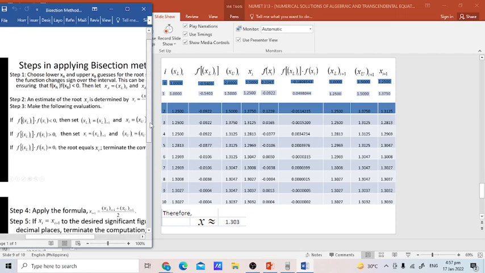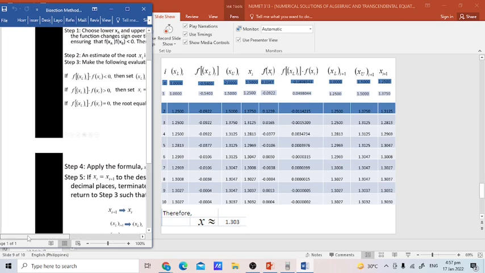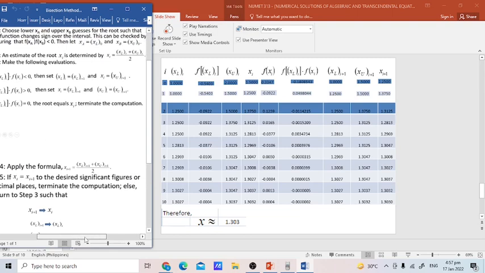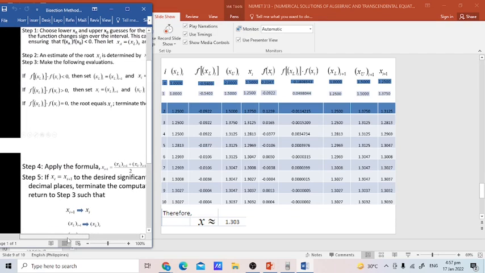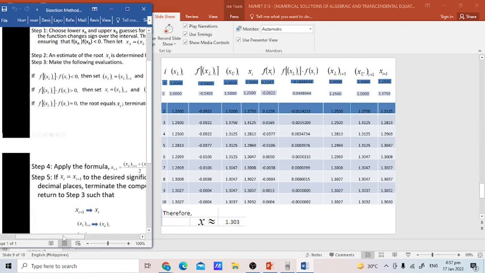And then, so para sa step 4 yun, no? Yung x sub i plus 1. Ito. Add divided by 2. So, step 5, if x sub i equals to x sub i plus 1 to the desired significant figures or decimal places, terminate the computation, else return to step 3. Okay? So, if x sub i equals to x sub i plus 1.